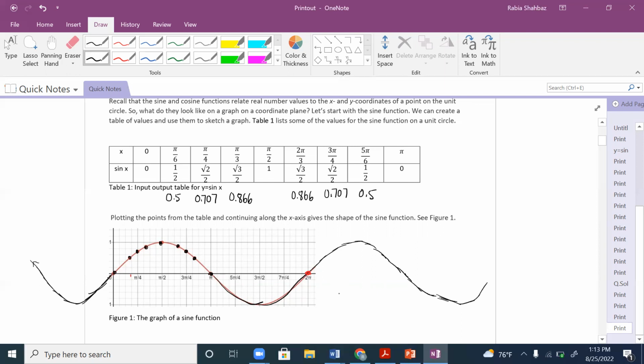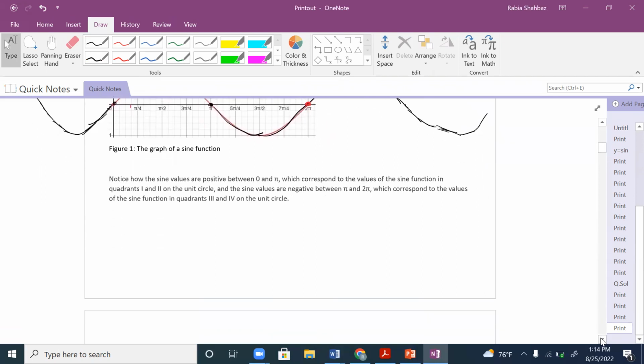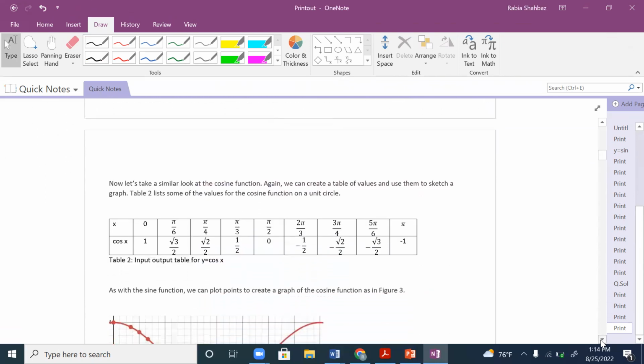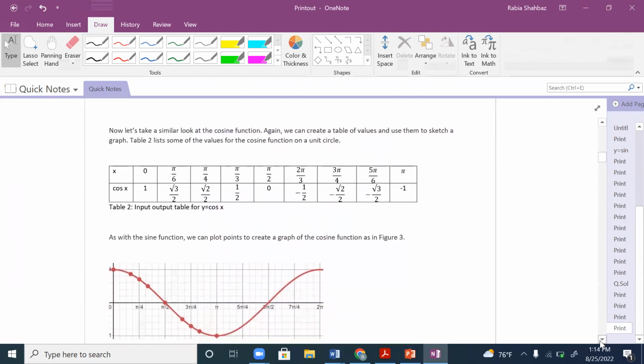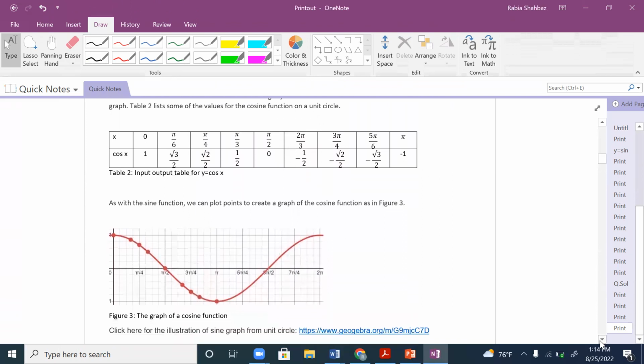Let's look at the graph of a cosine function, and then we will talk about the common characteristics between the sine and cosine functions. So I have down here the table values for the cosine for these common angles. Again, I just took 0 to pi, but we can see that this trend will continue.